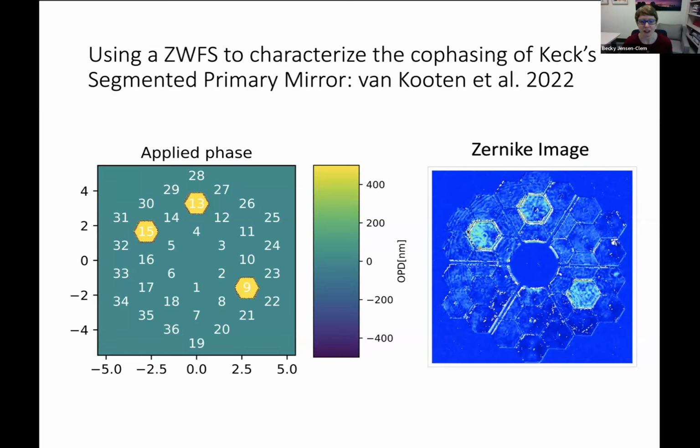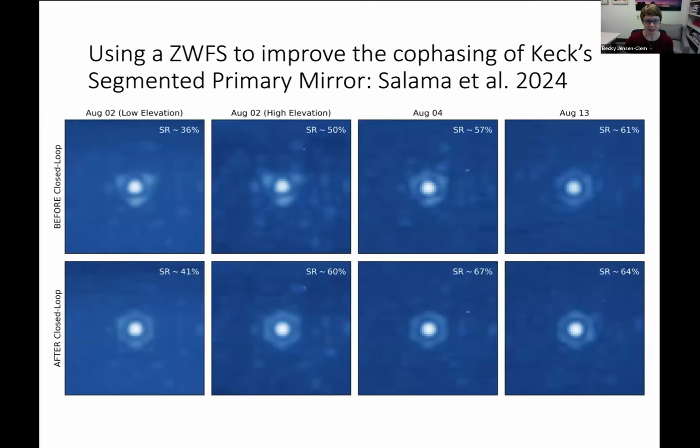And then this is the resulting image, slightly reduced, from our Zernike wavefront sensor, where we could see those effects. And then just recently, my postdoc, Maisa Salama, showed that by closing the loop on the primary mirror using that Zernike wavefront sensor inside the CAPIC instrument, she was able to improve the image quality consistently by doing so. So each vertical pair of images here is before and after closing the loop on the primary mirror.